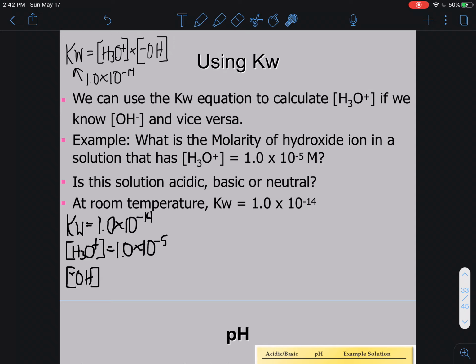So all we have to do is just say that KW over the concentration of H3O plus is equal to the concentration of OH minus.